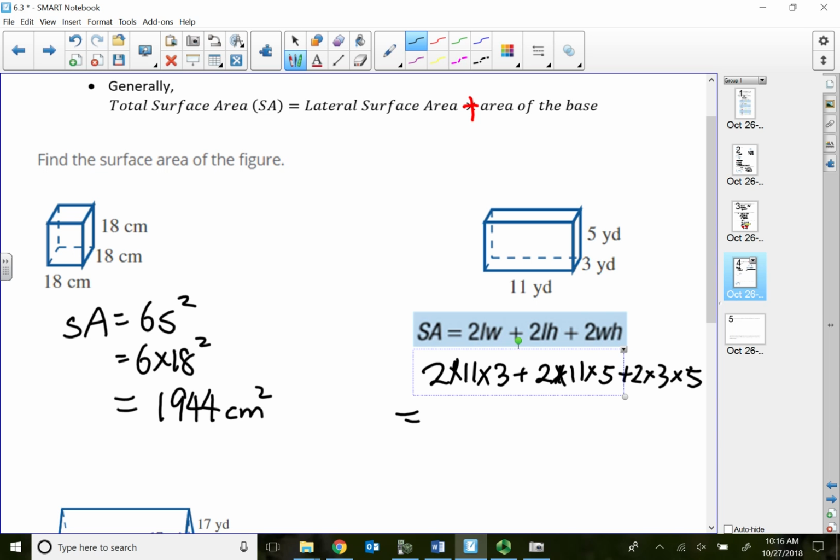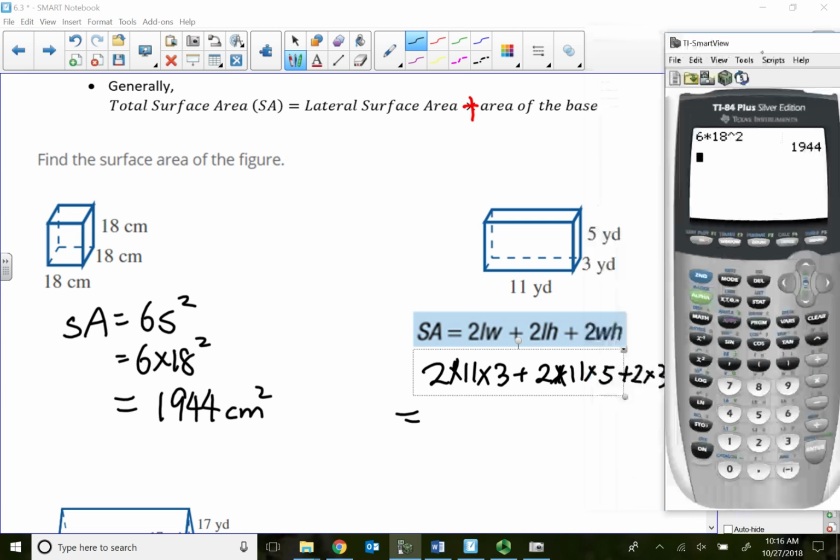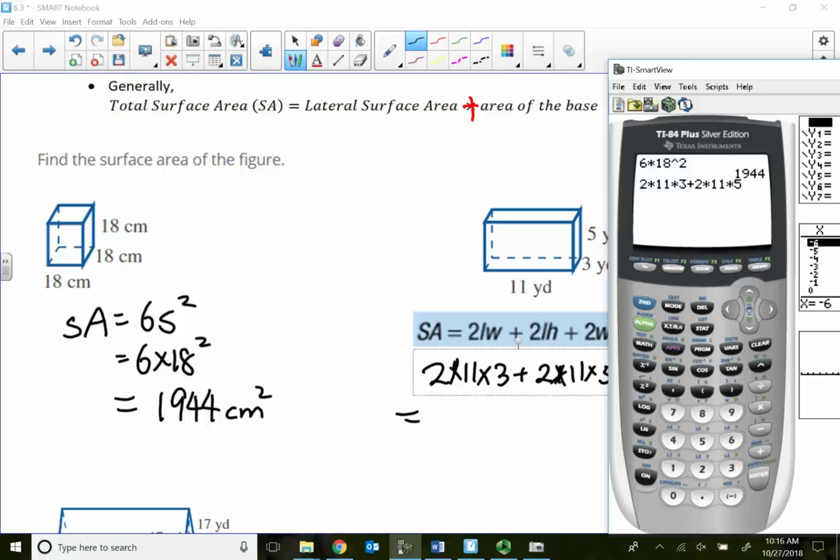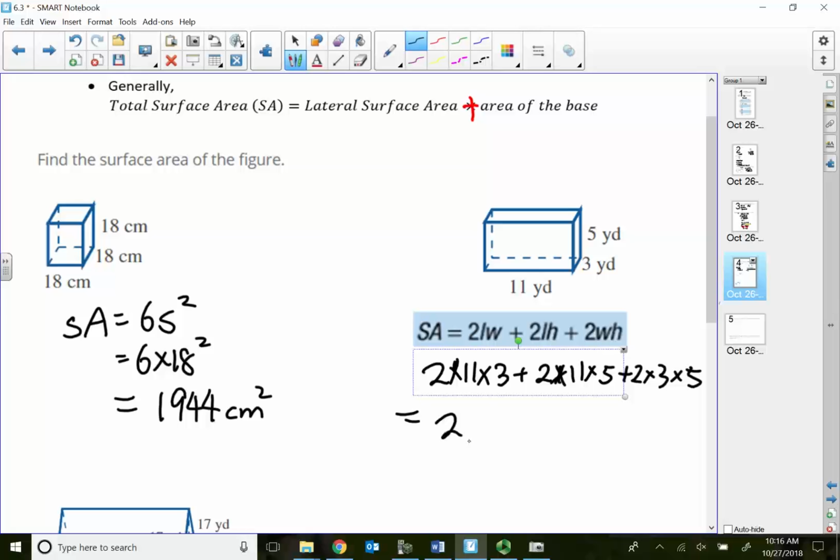All right, let's type it in: 2 times 11 times 3 plus 2 times 11 times 5 plus 2 times 3 times 5. Voila, 206. Square yards.